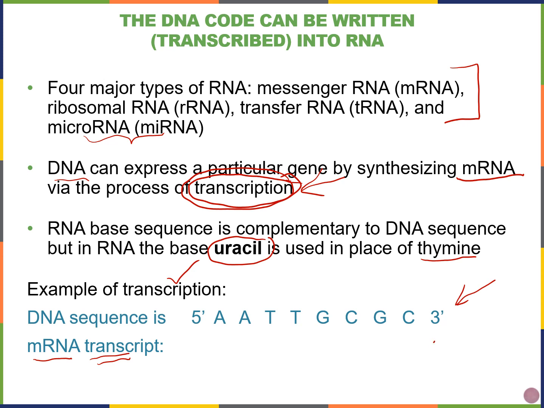So I'm going to start with a 5' end here. And this is my messenger RNA. So if I read cytosine, I know it's going to pair with guanine and vice versa. Here's guanine, G pairs with C, T pairs with A, T pairs with A, A pairs with T, but wait, I'm looking at RNA. So here I'm going to put U, uracil, instead of thymine. And then my 3' end here.